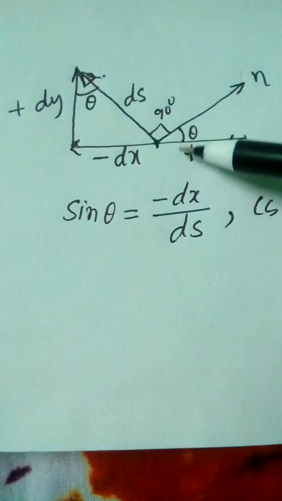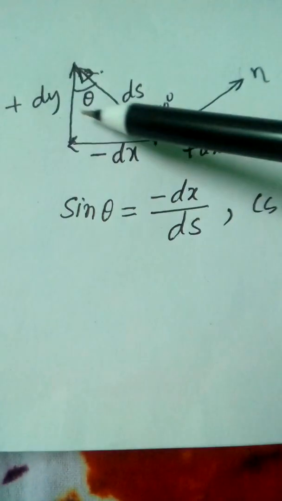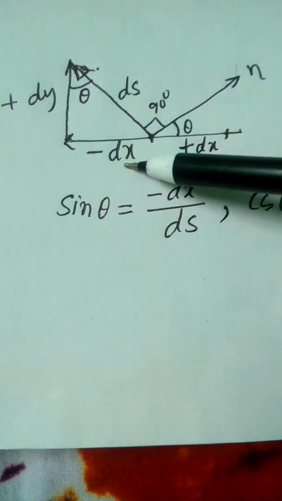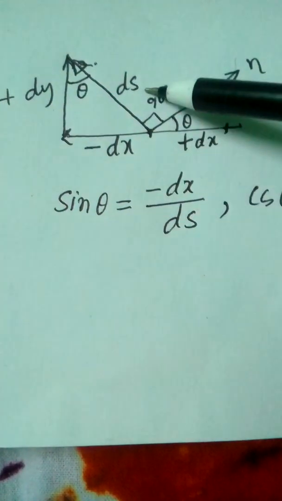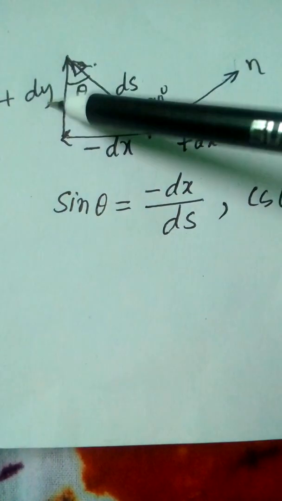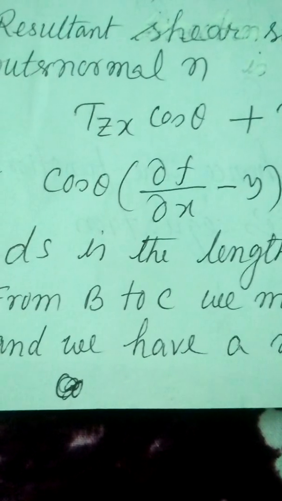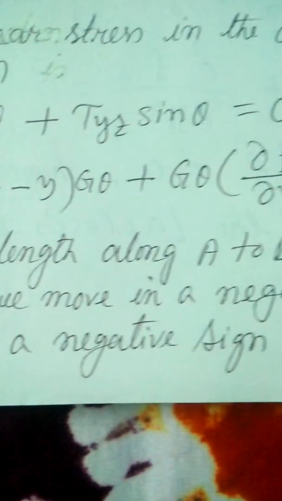So this angle is theta. So this angle will be theta. So sin theta will be equal to minus dx by ds, and cos theta will be dy by ds. So that we have done it here.